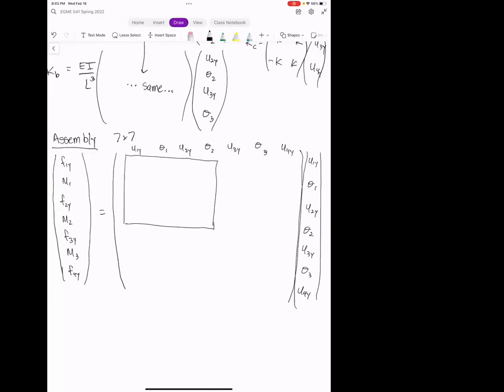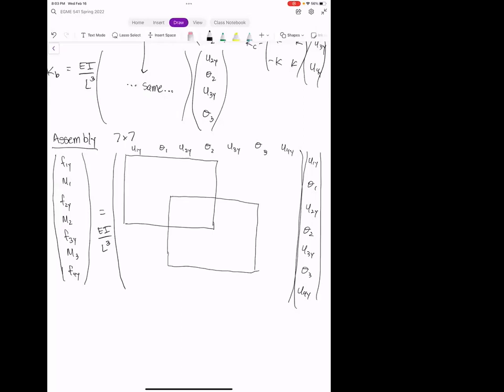Then we have element B, and element B is nodes 2 and 3, and so that's going to be these things right here. All right, so let me go ahead and fill this in first, and let me put in EI over L cubed out in front.